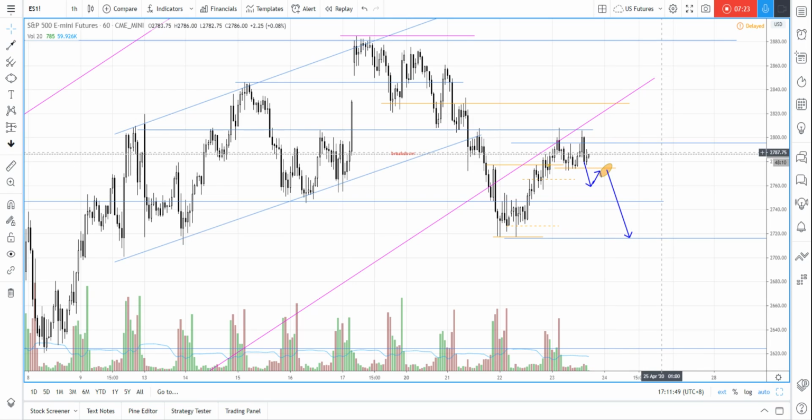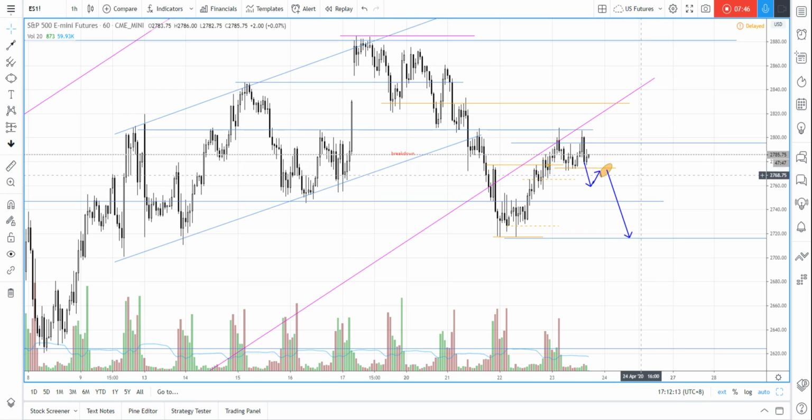So the key levels that I'm paying attention to, as I mentioned: 2800 is a key level, and if there's any short squeeze, then probably I will look at 2830 around this level. 2800 to 2830, these are the resistance.